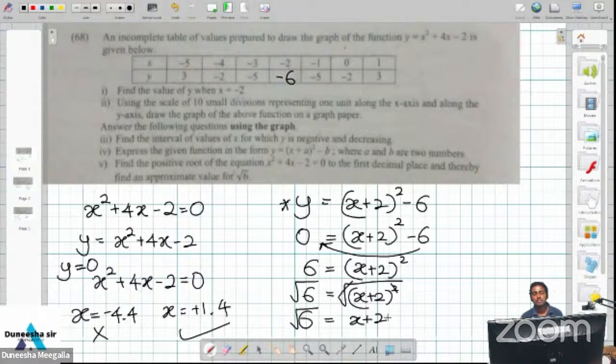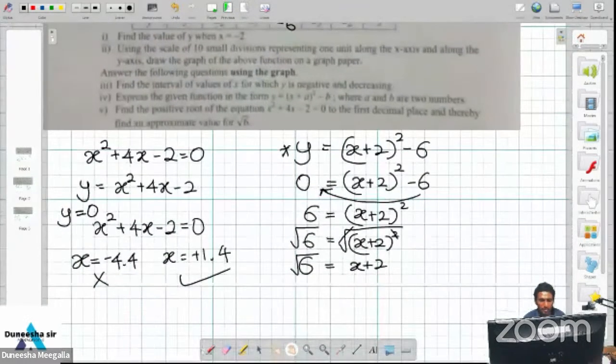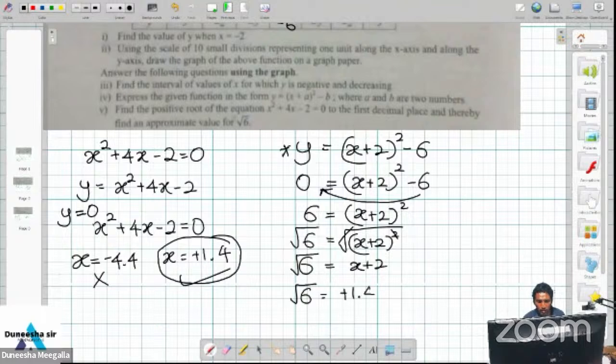What is the x plus 2 කියනවා නේද? Root. Then what is the positive root? We took the positive root here. What is x plus 2? Square root 6 equal to plus 1.4 plus 2. What is the answer?